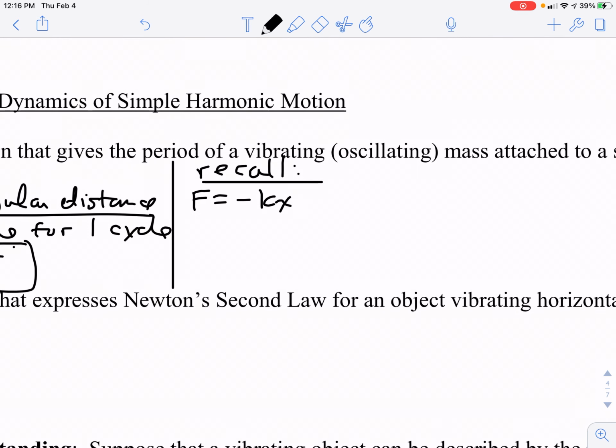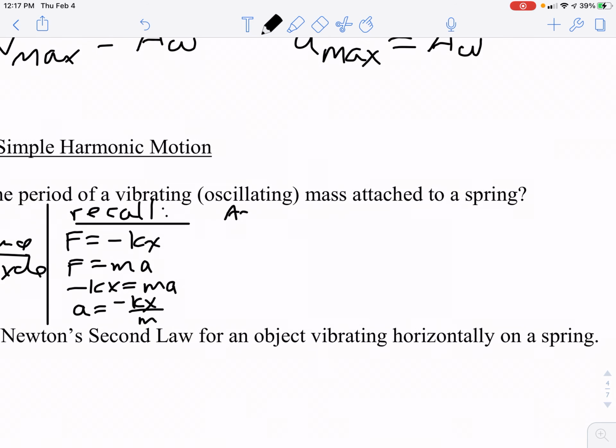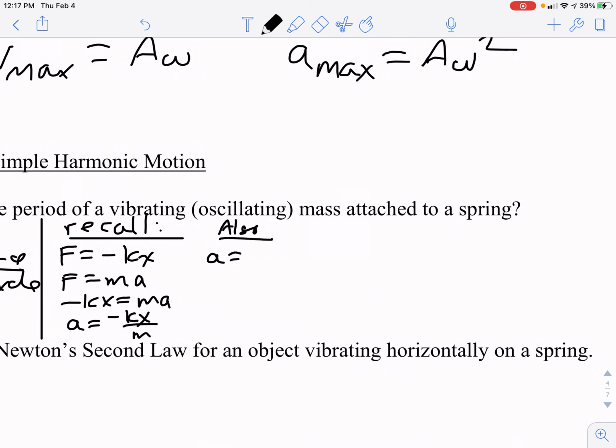Now, if that's true, then net force also equals ma, and thus negative kx will equal ma, which means a is equal to negative k over m. But also, a, if you look above, is also, at least if it's a maximum, equal to amplitude times omega squared.